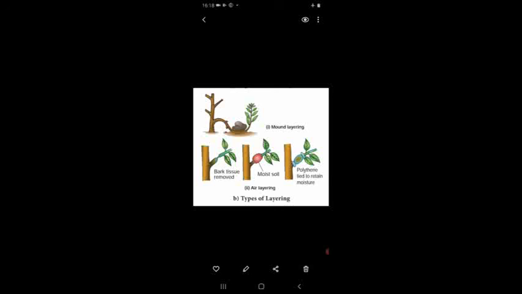Then in the third diagram, the moist soil is covered tightly with the polythene bag. After 2 to 4 months, the root arises in the nodal region. At that time, the parental plant is removed and the young plant is allowed to grow in a separate pot or in the ground. That layering is called air layering.